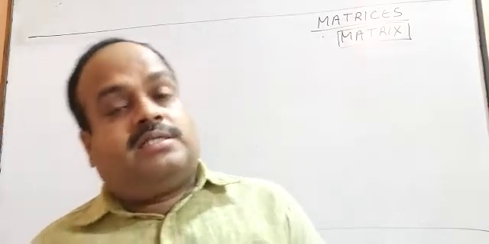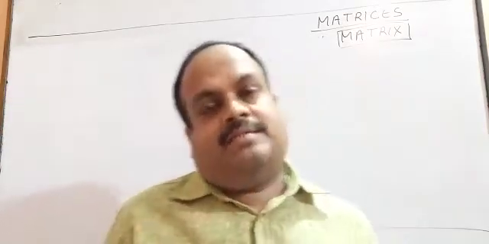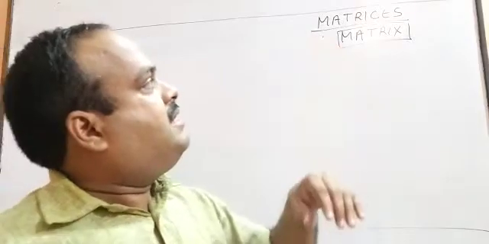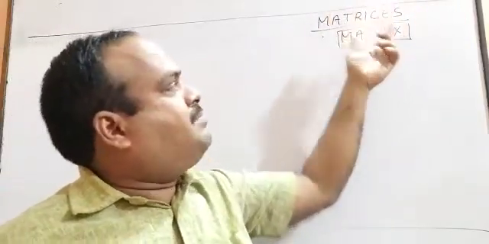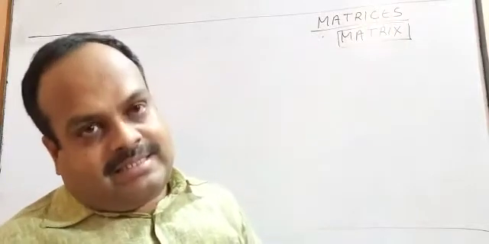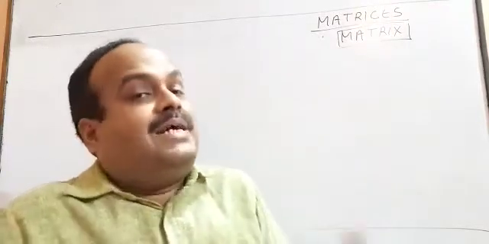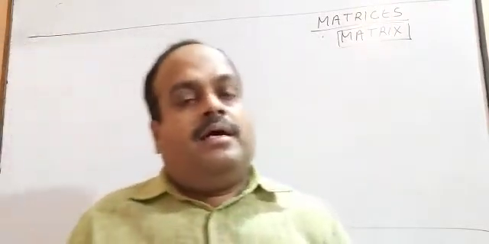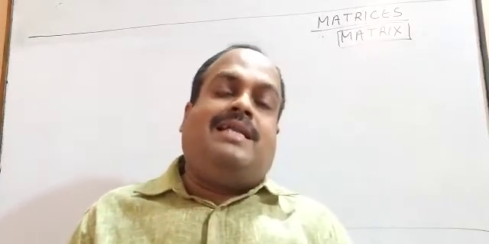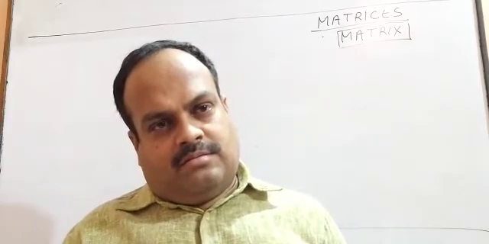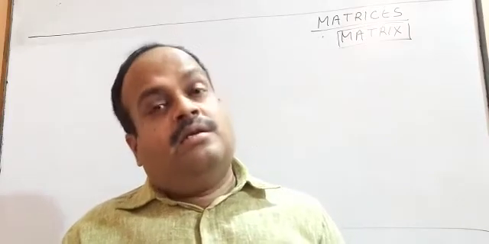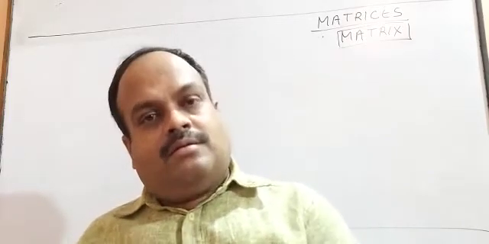Let us understand what the matrix is. The topic's name is matrices. Matrices is the plural of matrix. So what the matrix is? Matrix is an arrangement of numbers in rows and columns.